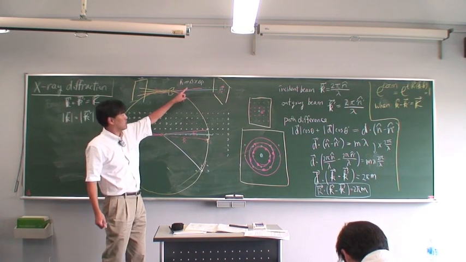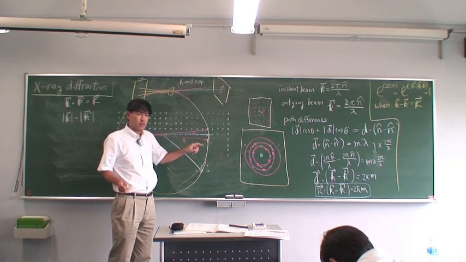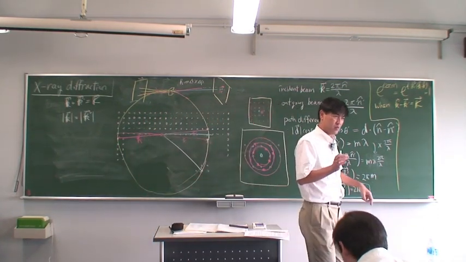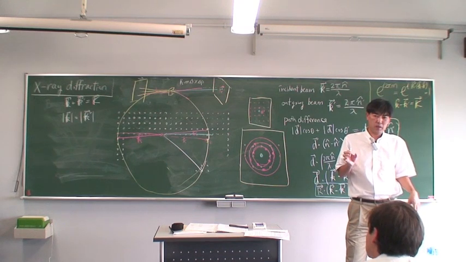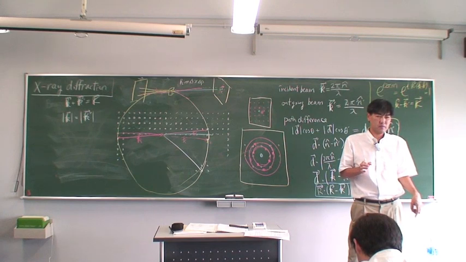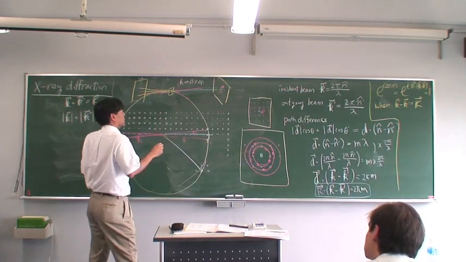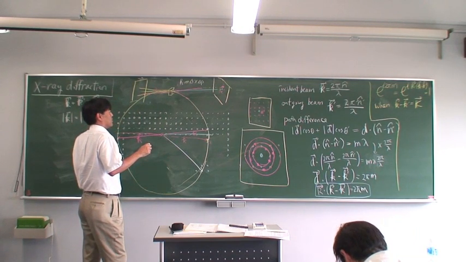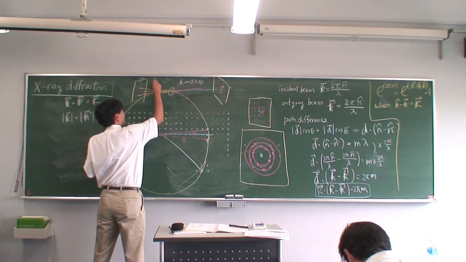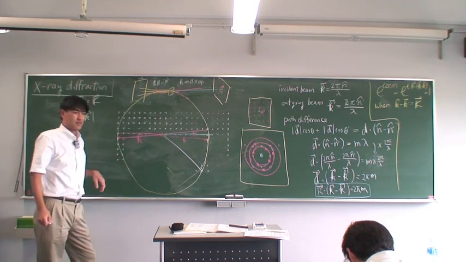You've seen this: momentum and position of the particle cannot be determined precisely. And quantum mechanically, h bar k is momentum, right?